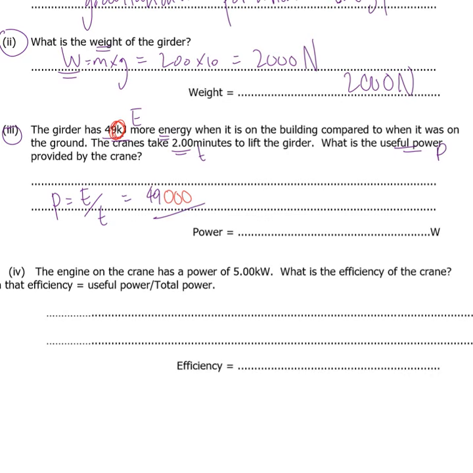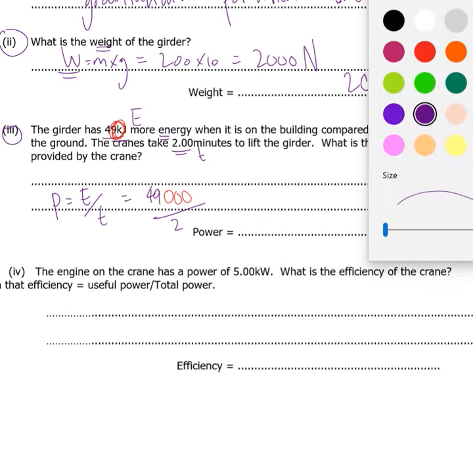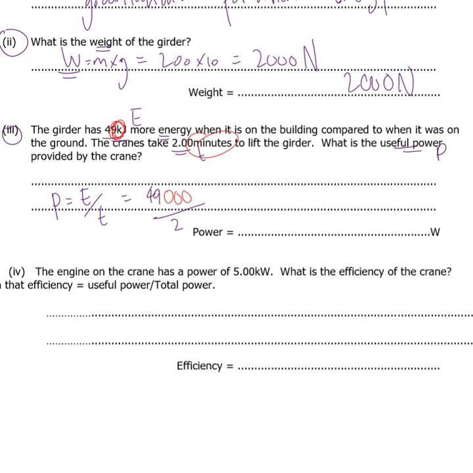Divide by time. Now time is what? Look, time is in minutes. I need to convert this to seconds, so 60 seconds. And then this will give me 408.33 recurring. So this is my answer in this case.